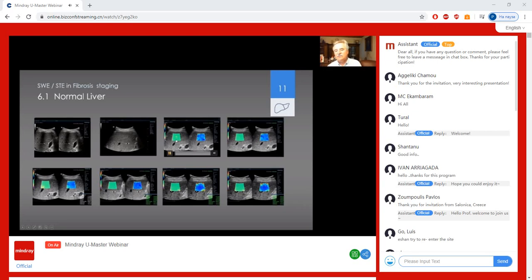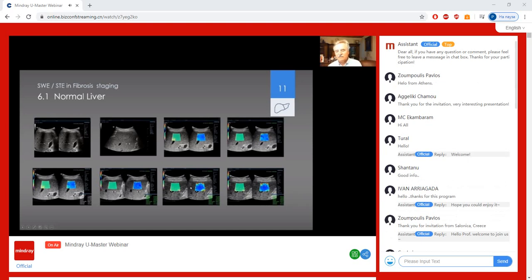And finally, you are going to have in real time reliable measurements of shear wave elastography using both reliability and mobility index. Those are frames from shear wave elastography of the normal liver. You recognize those compression artifacts.